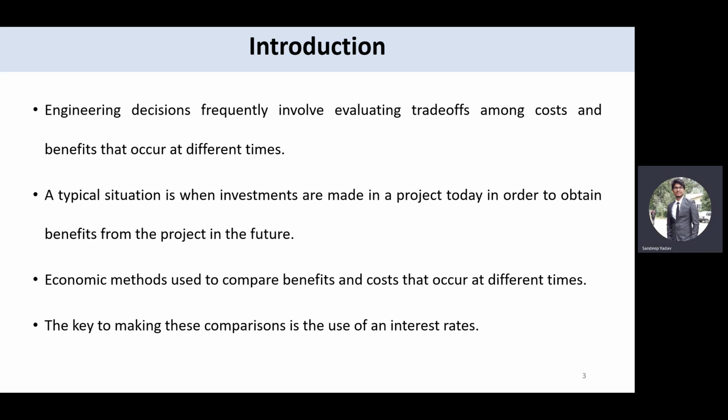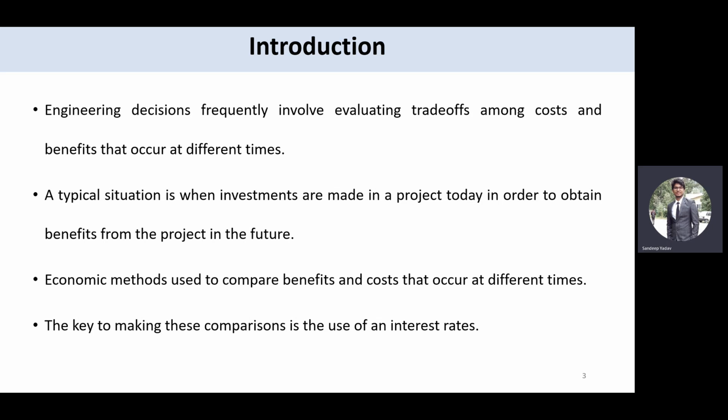A typical situation is when investments are made in a project in order to obtain benefits from the project in future. In every project, we have to make some inputs before we get any output. Engineering economics plays a pivotal role here, and we have to calculate the future worth of the present inputs using different kinds of interest rates.